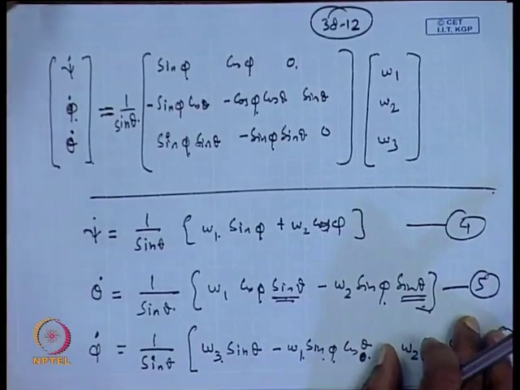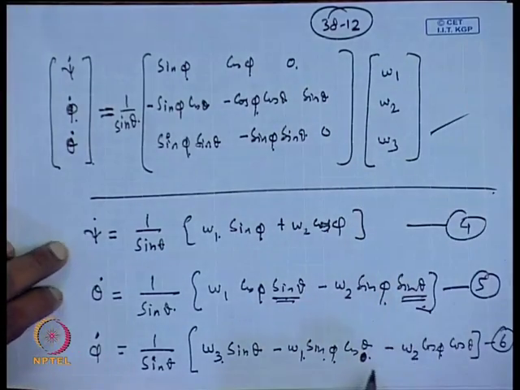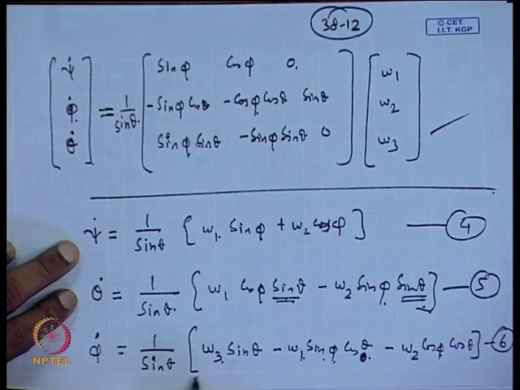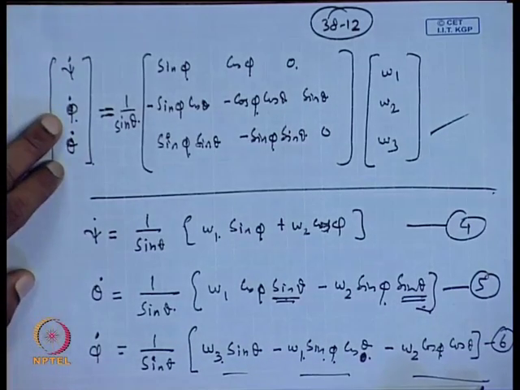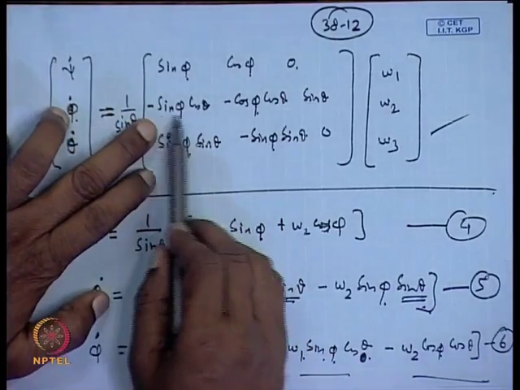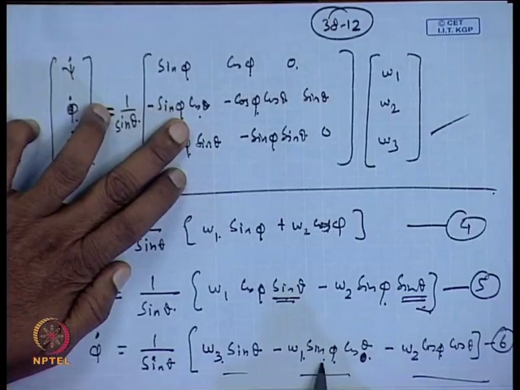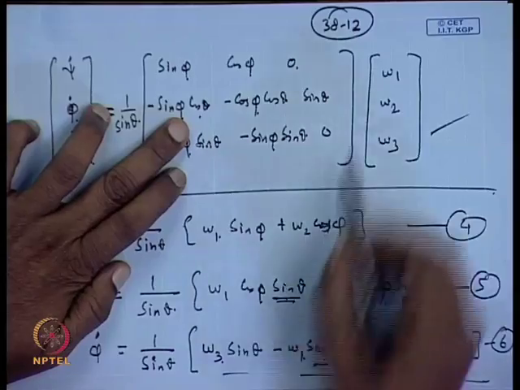Now, if you want to check with the equation that we got after matrix inversion, here this is the equation. Let us say this contains all the 3 terms, and this constitutes your phi dot. So, phi dot you can see this is 1 by sin theta multiplied by minus sin phi times cos theta multiplied by W 1.